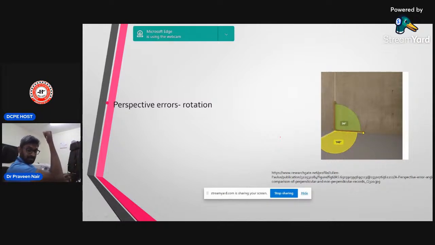But keeping my elbow locked, if I rotate my shoulder like this, the angle is still 90, but if you measure using software, it will show a different angle. Similarly, if I rotate it outwards, the angle is still 90, I know that, but if you use a video camera, it may exaggerate or underestimate that. So these are the things which we need to take care of.